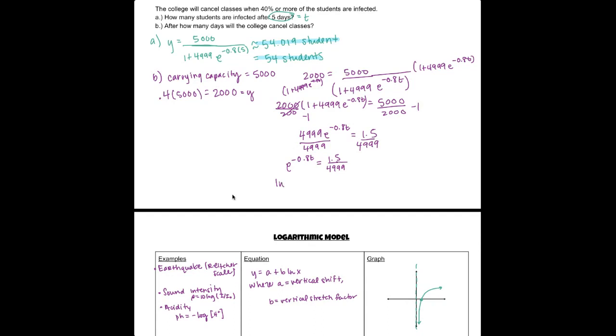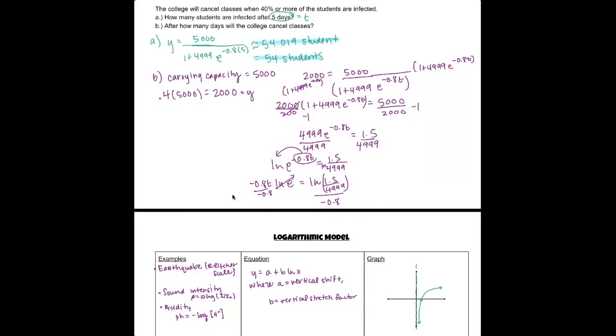So I'm going to put negative 0.8t is equal to ln of 1.5 over 4,999, because the exponent goes to the front when I take the ln of both sides. That 1.5 over 4,999 is the input, and ln of e is equal to 1. So now I'm going to divide by negative 0.8.